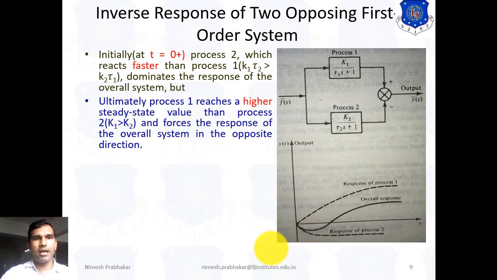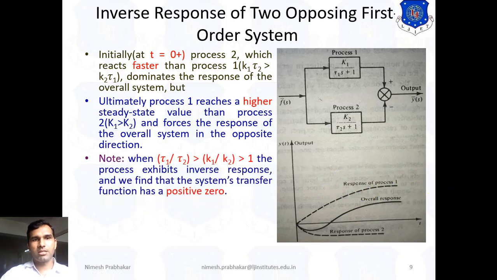But after some time, ultimately process 1 reaches a higher steady state value than process 2, and therefore the response of the overall system is in the opposite direction. That means here due to process 2 the response is in the negative direction, but due to process 1 it goes in the positive direction. So the overall response goes in the positive direction due to the process 1 response.